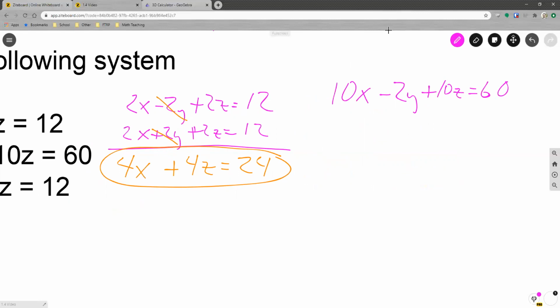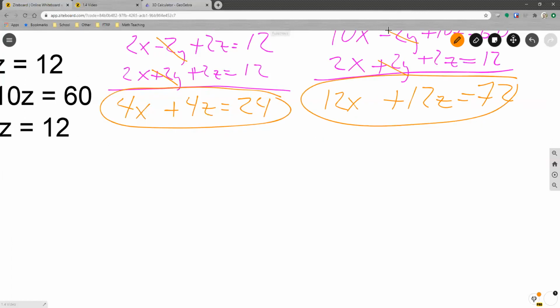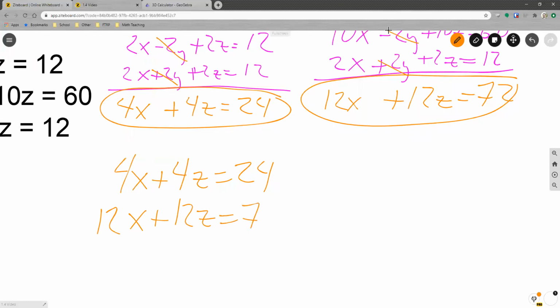And then my third equation, I'm just going to stick it underneath again. 2x plus 2y plus 2z equals 12. If I add them together again, I get 12x, these guys cancel, plus 12z equals 72. So that's my second equation.